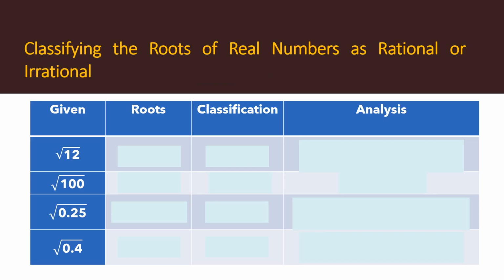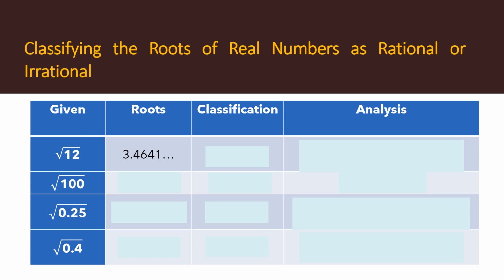Here we have an activity: classifying the roots of real numbers as rational or irrational. Let us check. The square root of 12 is 3.4641 and so on. What do you think?